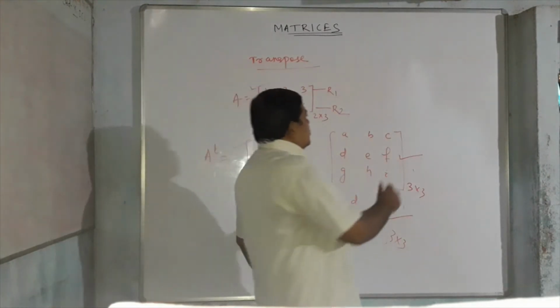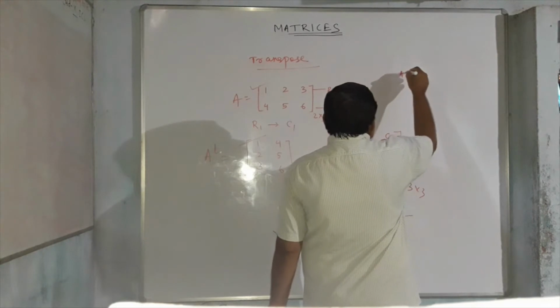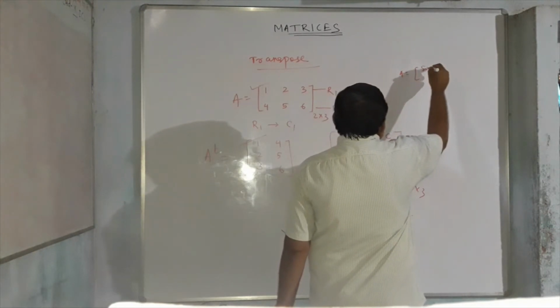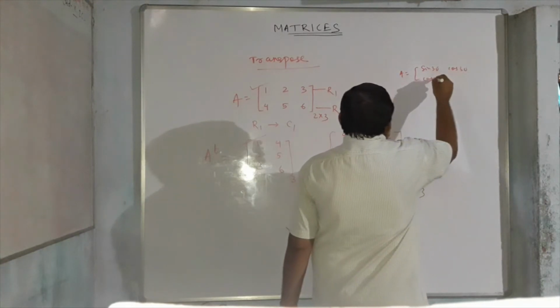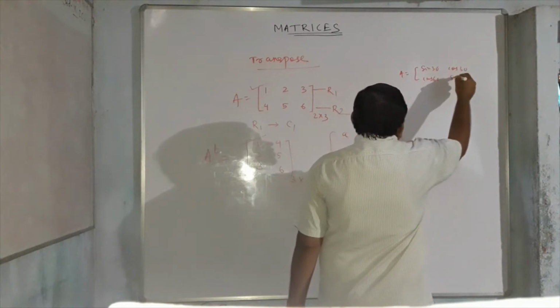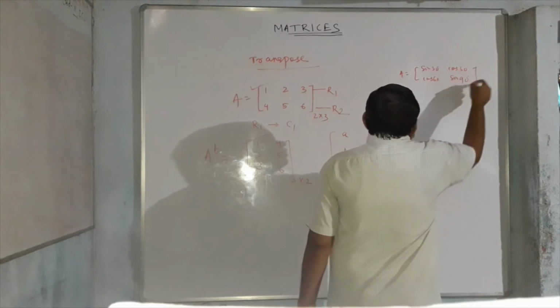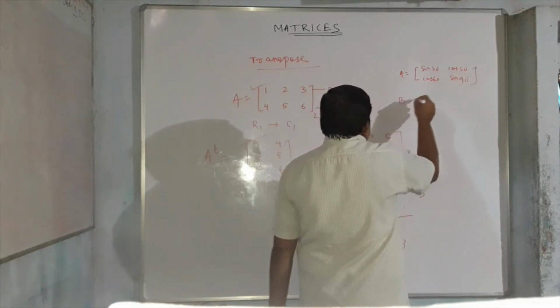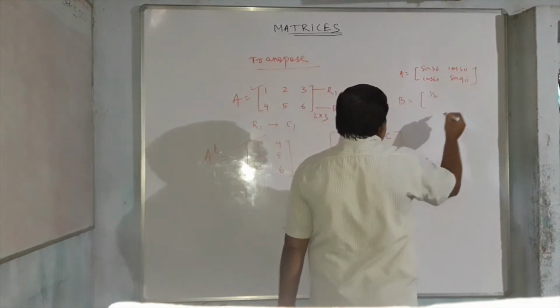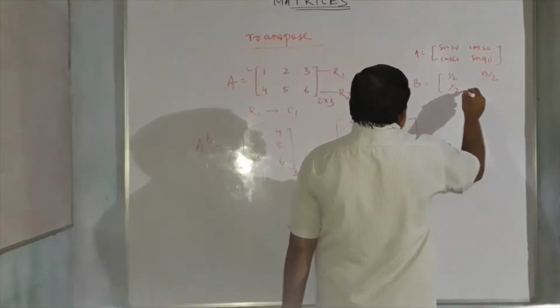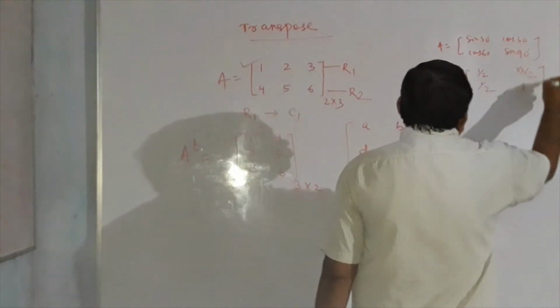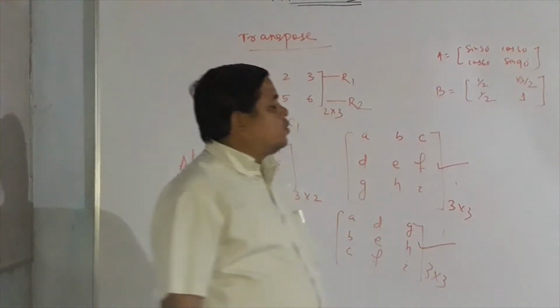Suppose you write A equal to, here sin 30 degree, here cos 30 degree, now write cos 60 degree, sin 90 degree. Then somebody wrote B equal to, here 1 by 2, here root 3 by 2, here cos 60 as a half, here 1. Now can you tell, is A equal to B?